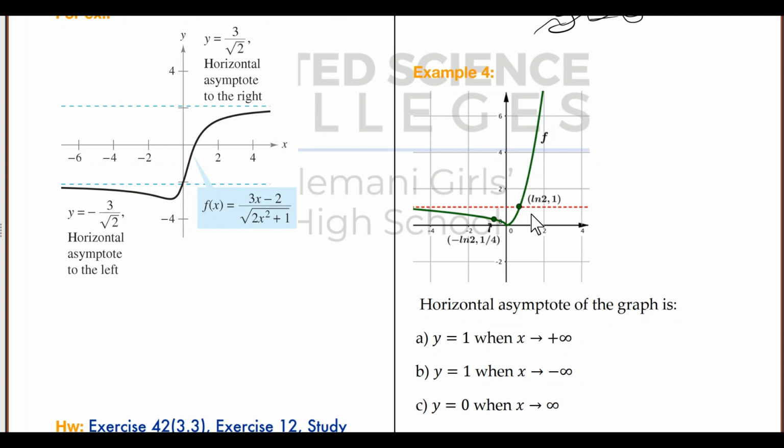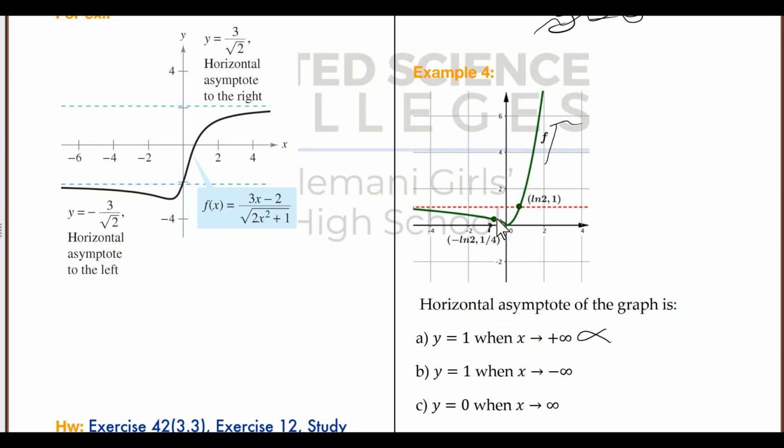No, x is not approaching positive infinity. The graph is passing through the horizontal asymptote heading up. It is not approaching positive infinity. There is no approach. But there is an approach on the left side. Look at the left side.